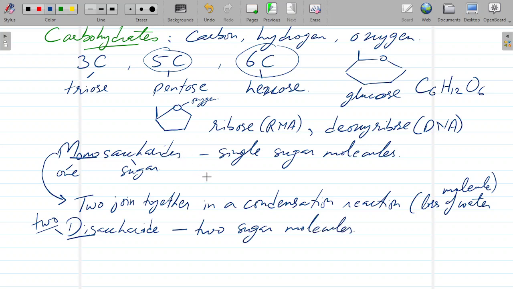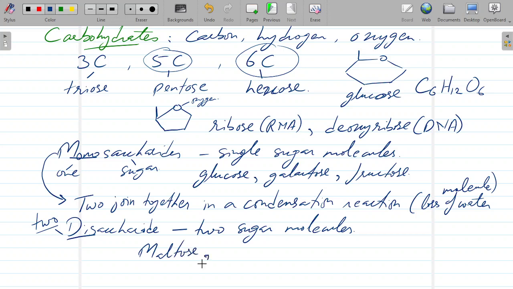So the monosaccharides that we will be concerned with are glucose, as already mentioned, galactose, and fructose. And the disaccharides that we'll be concerned with are maltose.